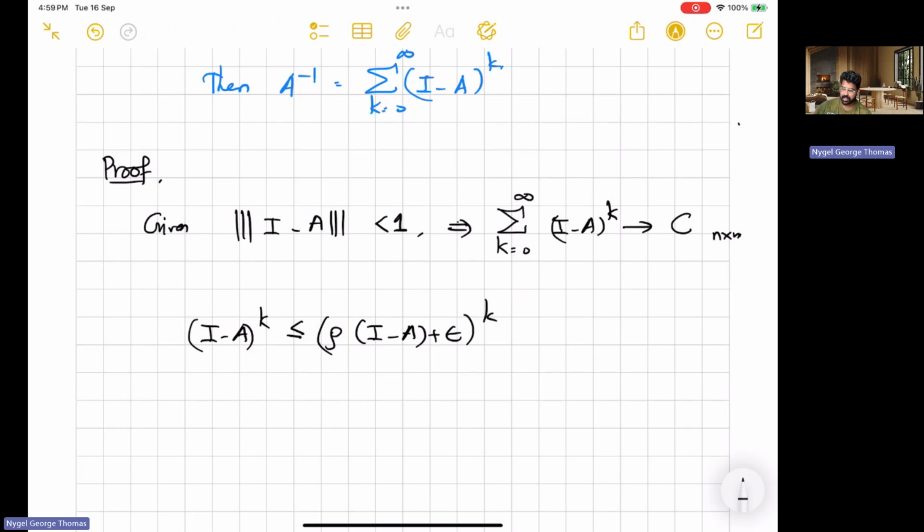So each element of (I minus A) raised to k is upper bounded by some value, and rho of I minus A is less than 1, so this value will also be less than 1. So every entry is less than some constant K. If I add up these matrices, every entry is convergent.